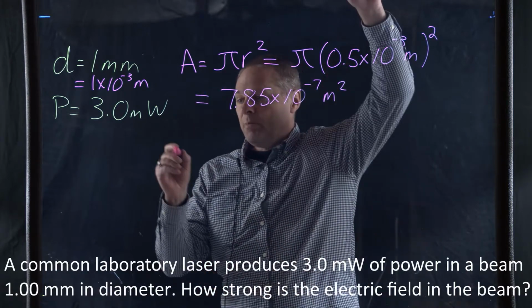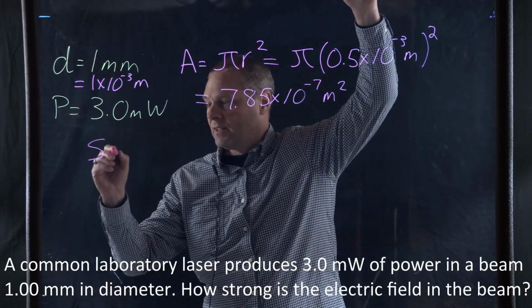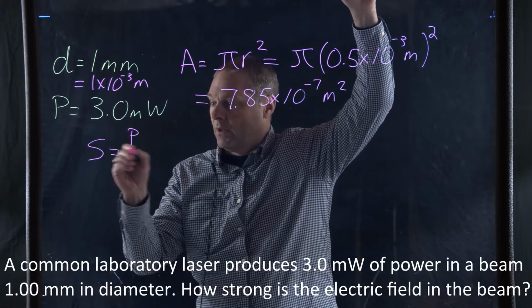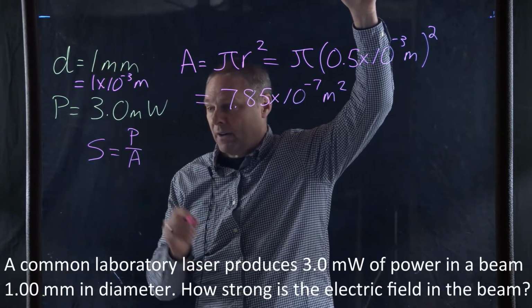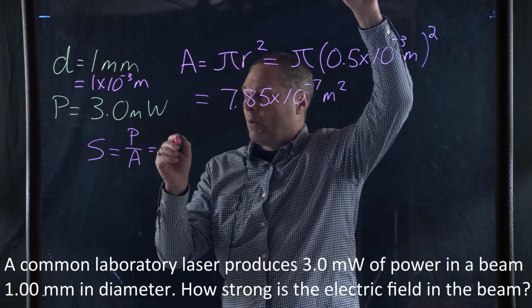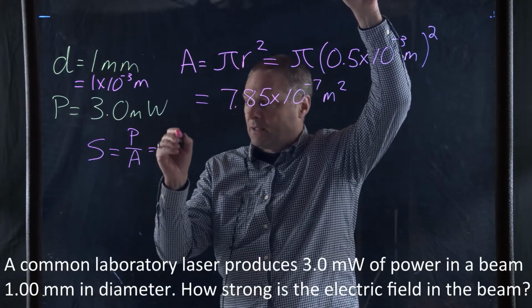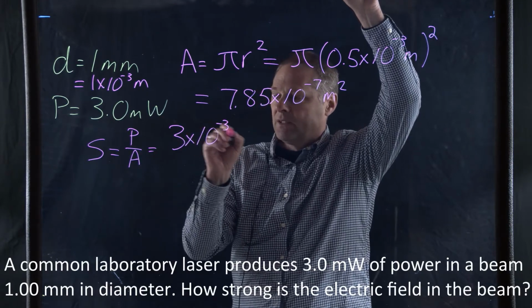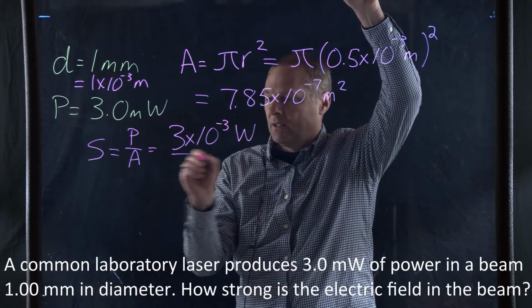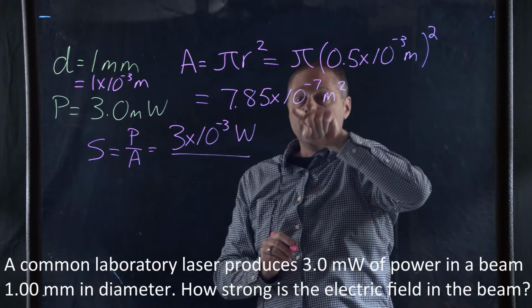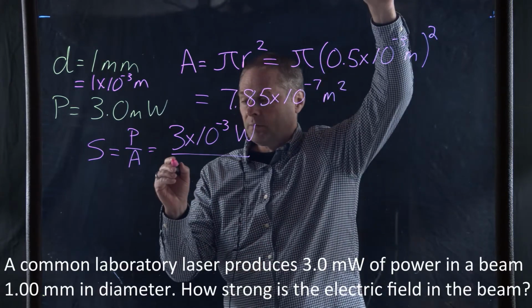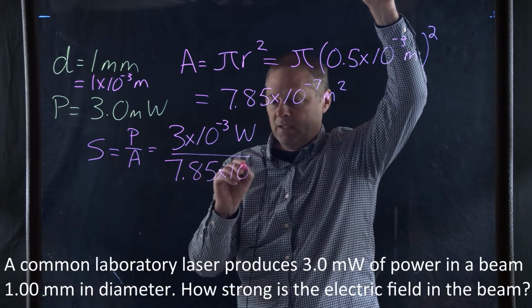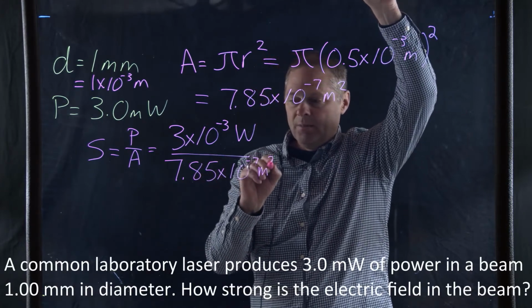Now our electromagnetic intensity is given the symbol S, and that is equal to our power divided by our area. Our power, in watts, is 3 times 10 to the minus 3 watts, divided by the area we just found, 7.85 times 10 to the minus 7th meters squared.